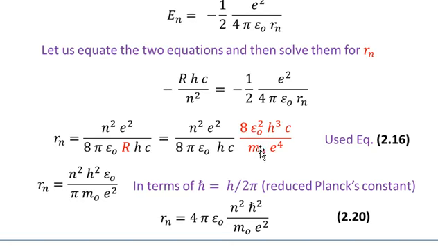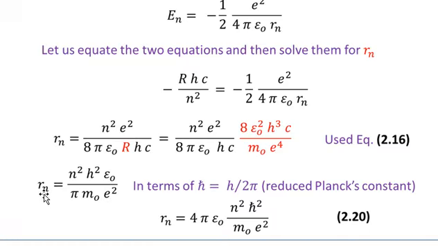Simplifying it, Rn is equal to n square h square epsilon naught divided by pi m naught e square. Here you can see that all terms are constant except n.